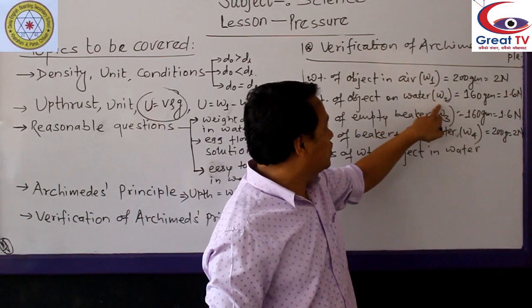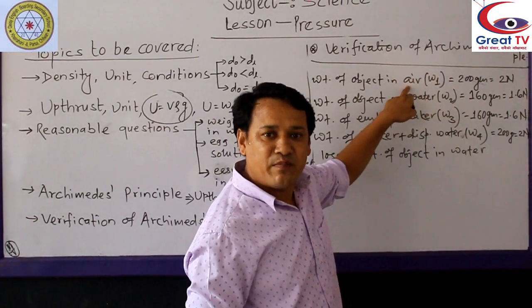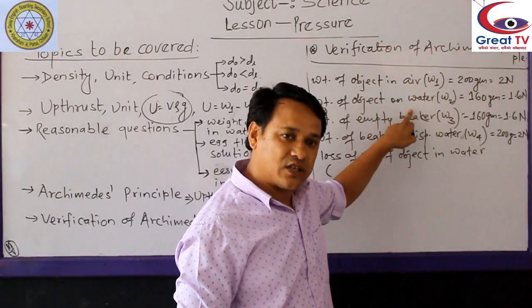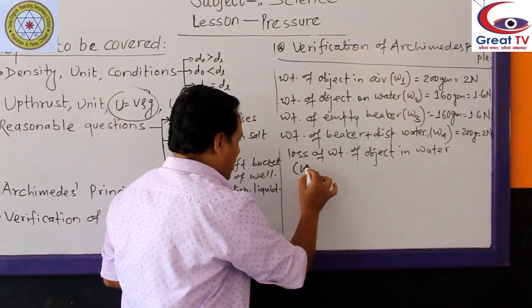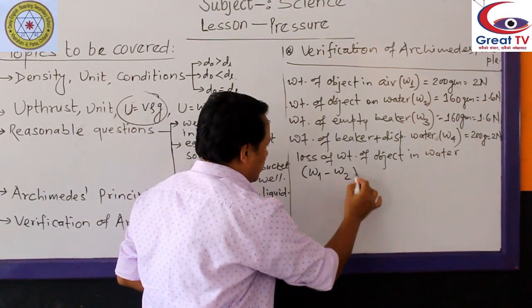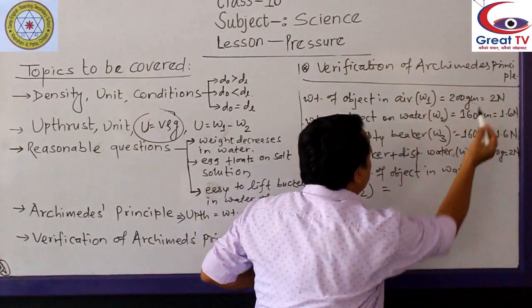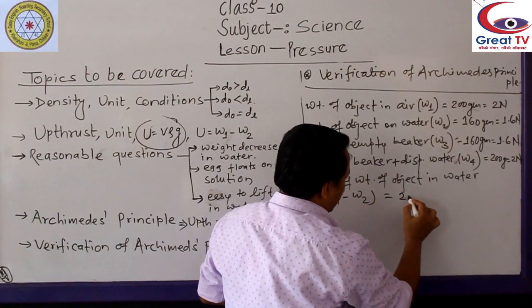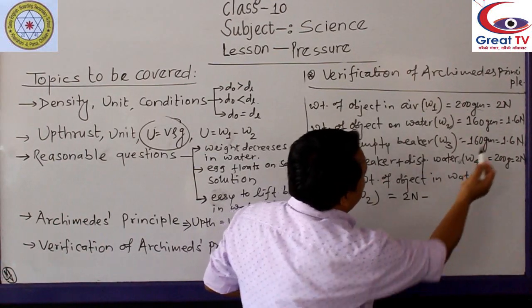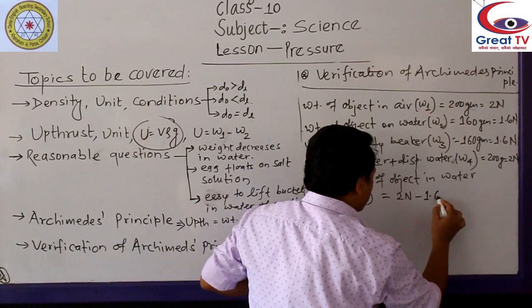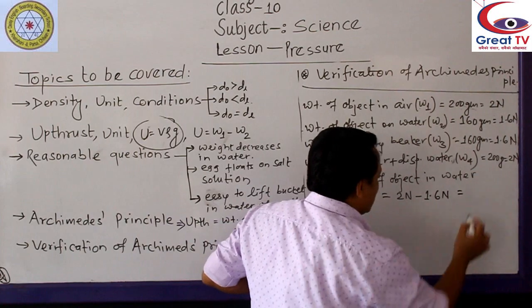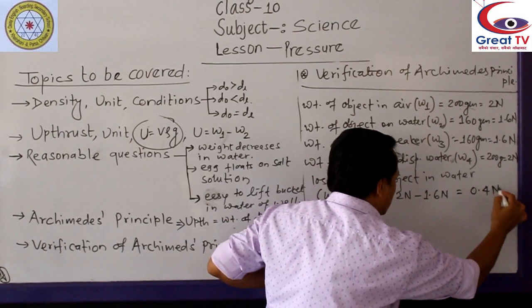W1 minus W2: weight of object in air minus weight of object in water. W1 means 200 gram or 2 Newton, minus W2 means 1.6 Newton. So the result will be 0.4 Newton.